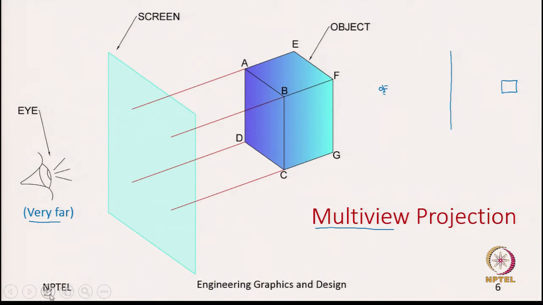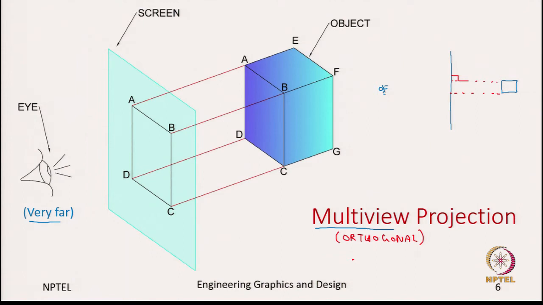Now, if I am discussing the projectors, these are the projectors, and we see that these projectors intersect the projection plane at an angle of 90 degrees, perpendicular. That is why we also call these orthogonal projections sometimes.